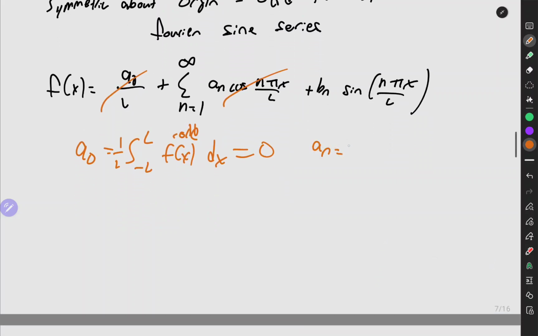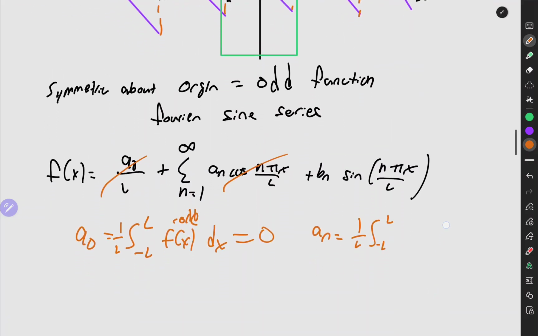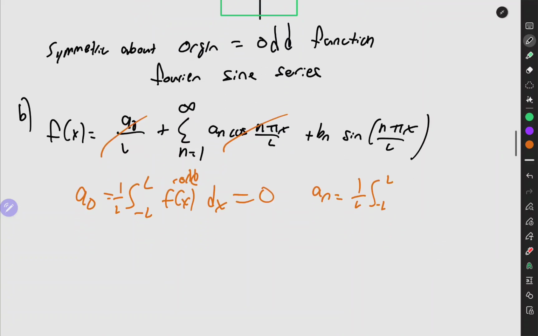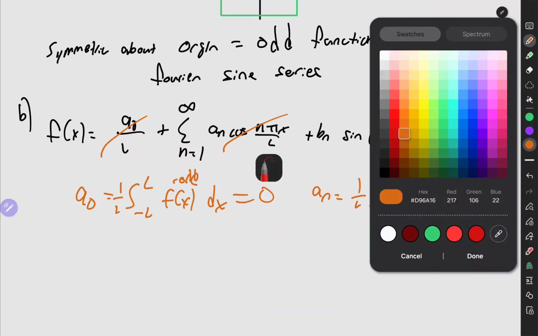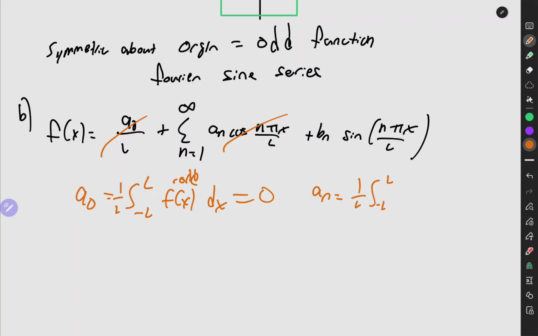A sub n, we have 1 over L, integral from negative L to L, this is part B, by the way, of f of x times cosine n pi x over L dx.